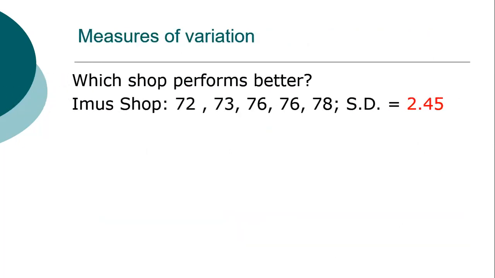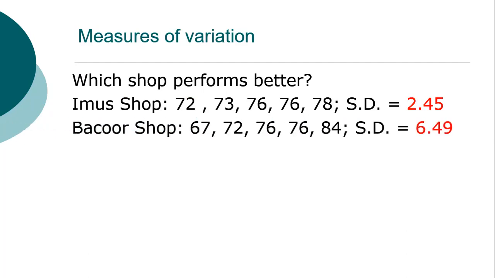So let us look at the standard deviation of each. So again, mapapansin natin na mas mababa ang value ni Imus kaysa kay Bacoor. So how do we interpret this? Kahit parehas sila ng central tendency, iba ang value ng kanilang standard deviation.